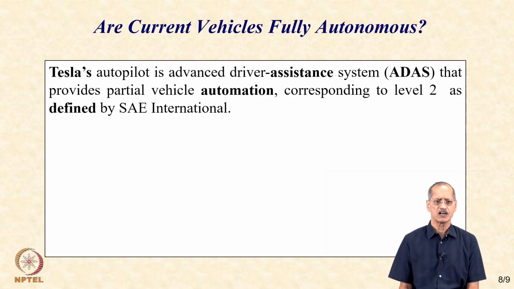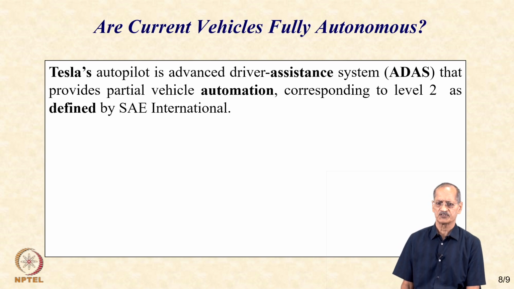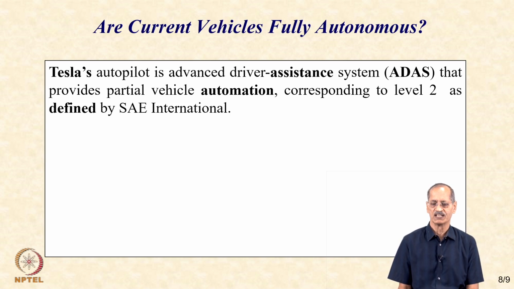There are two examples which I am going to present to give you an idea of what people are trying to do. Currently Tesla's autopilot is nothing but an advanced driver assistance system, or what we call ADAS. That is what has been implemented for the current models of Tesla, which provides partial vehicle automation corresponding to level 2.